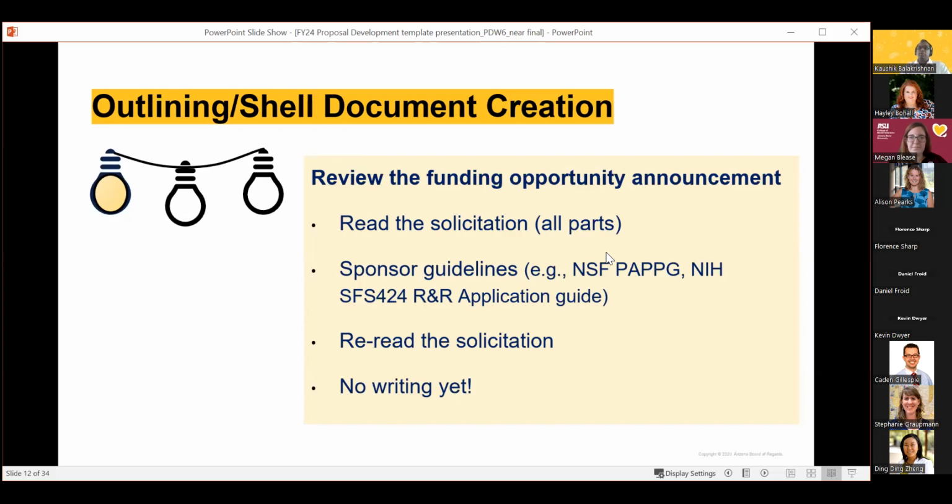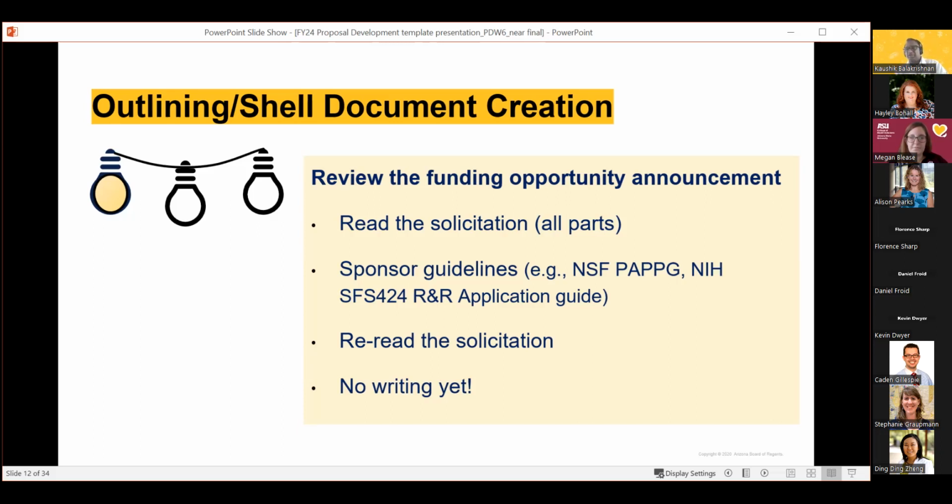I'm going to walk you through this. First, when you see the solicitation, you want to read all parts of the solicitation. What do I mean by that? It's typically a lengthy document. If it's NSF, for example, typically they will have a funding number and a whole series of information on what has changed from the past.